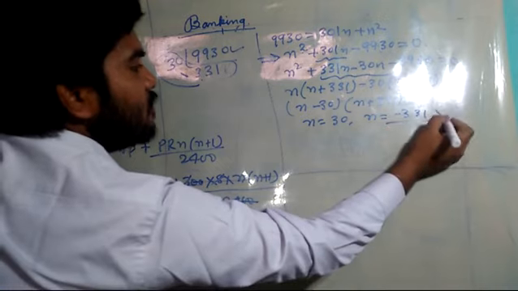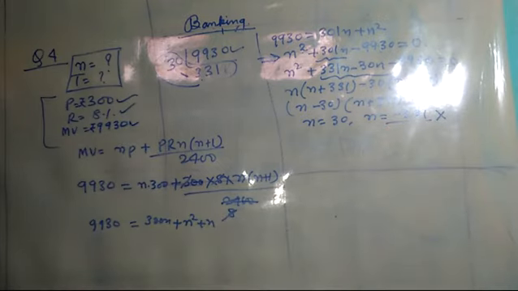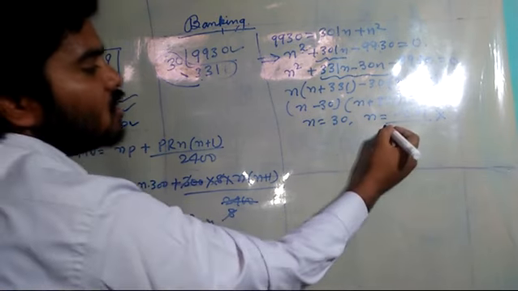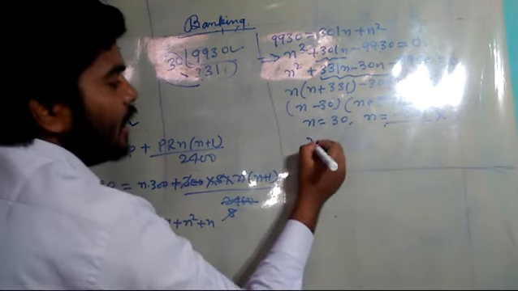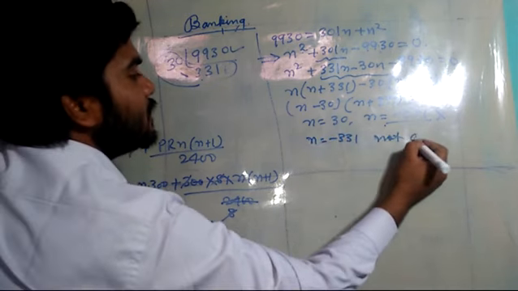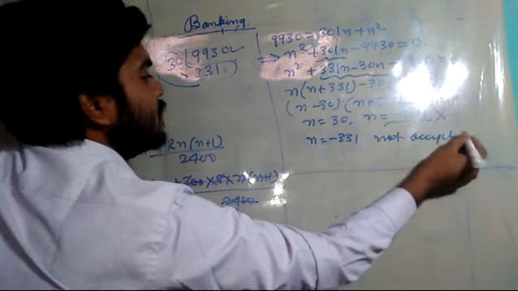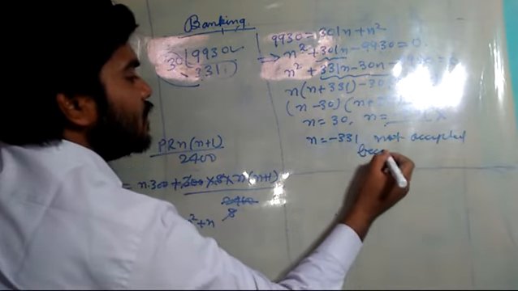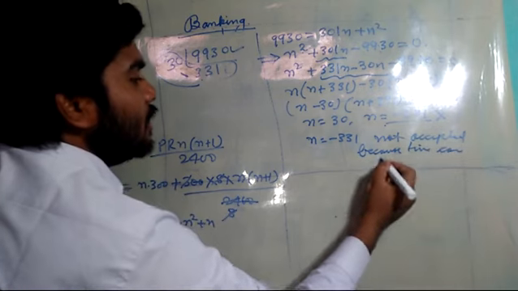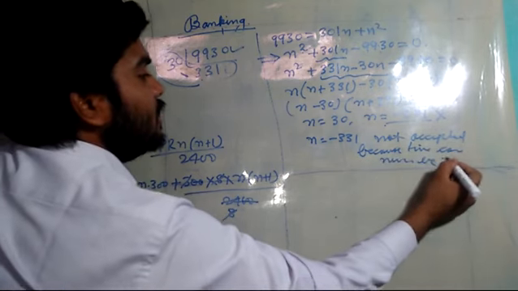So minus 331 will not be accepted, because time can never be negative.